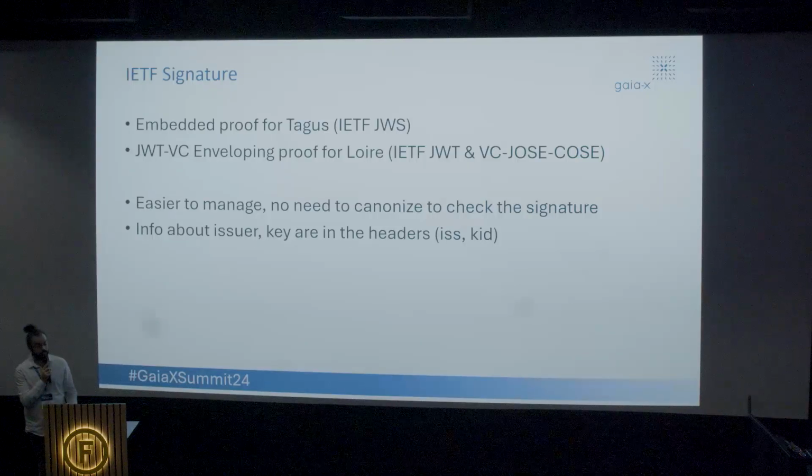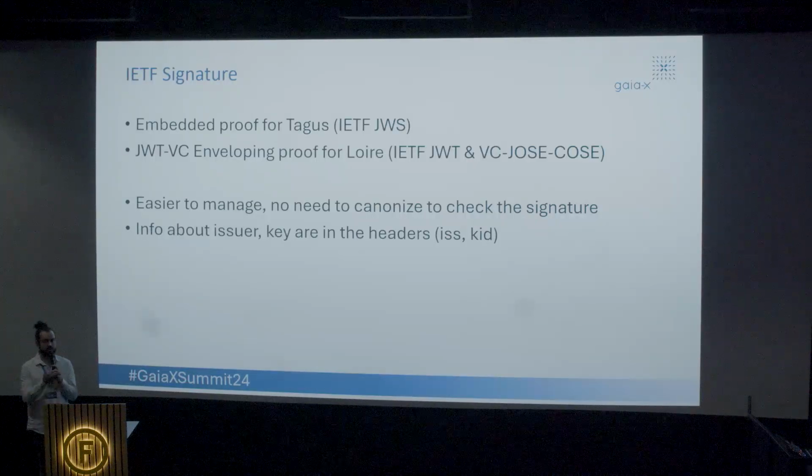For Loire, we changed from verifiable credential data model 1 to data model 2, the newest specifications from the W3C, and we had the ability to use JWT token and VC JOSE COSE for the signature, meaning that now you just take your credential and you sign it like you would sign any JWT token, basically.